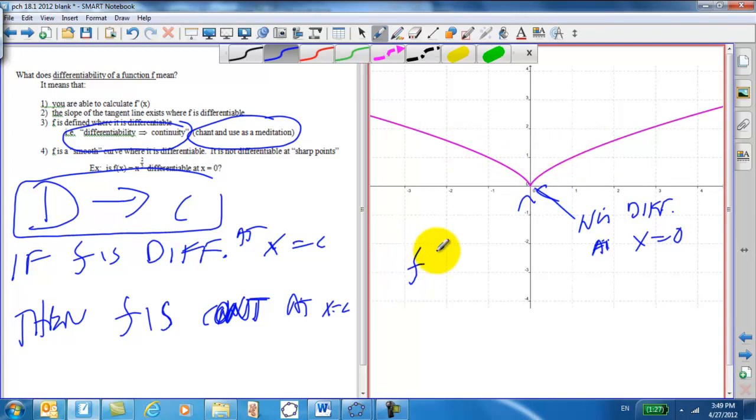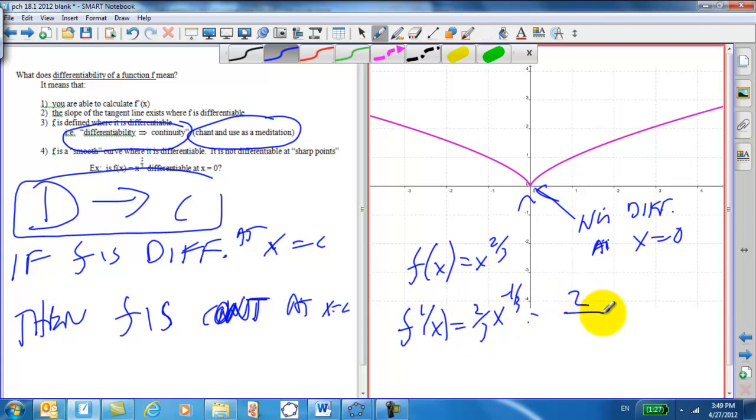In fact, we're going to use our derivative rules next to show that if f of x equals x to the 2/3, the derivative is 2/3 x to the negative 1/3, or 2 over 3 x cubed root of x. And basically when x equals 0, then we have an undefined derivative. So not only is that a sharp corner, the derivatives approach verticality there from both directions.